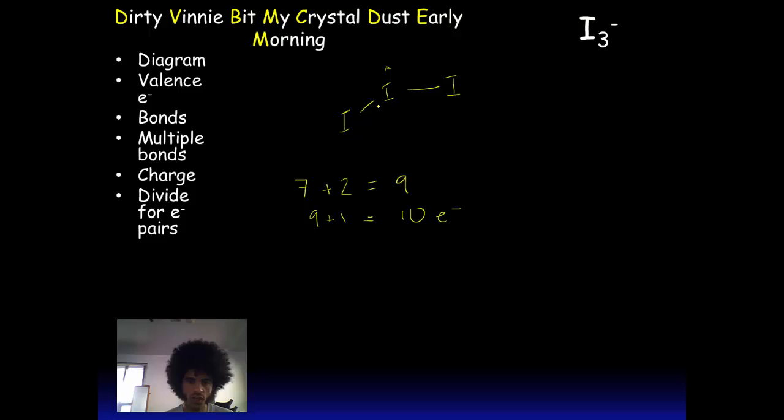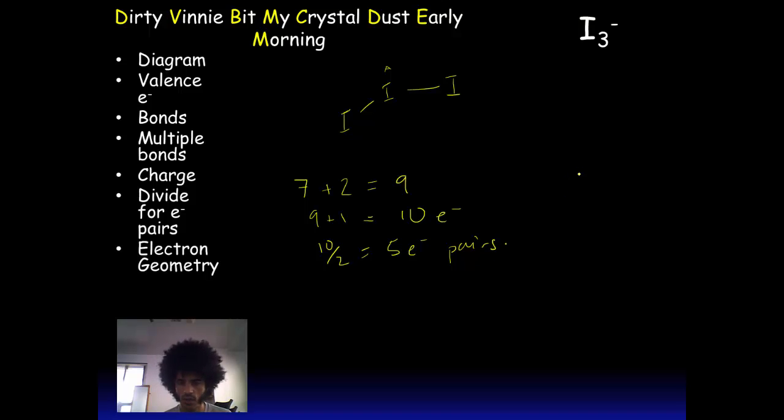I now have to divide for electron pairs, so 10 divided by 2 equals 5 electron pairs. Okay. Now let's draw out what the structure looks like for the electron geometry. Iodine's in the middle. I've got 5 pairs, so it should be something here, and something here, and there, and there. Now, my electron geometry has to be trigonal bipyramidal.